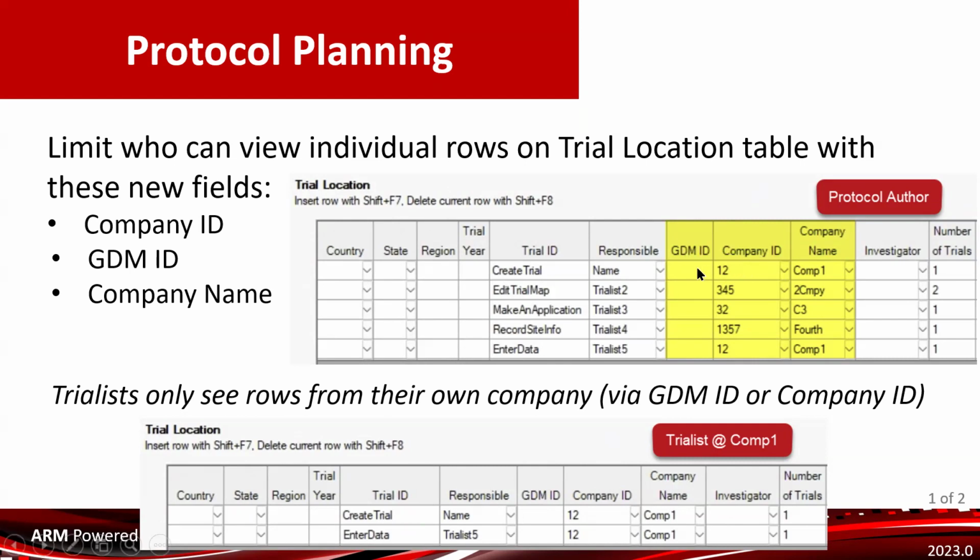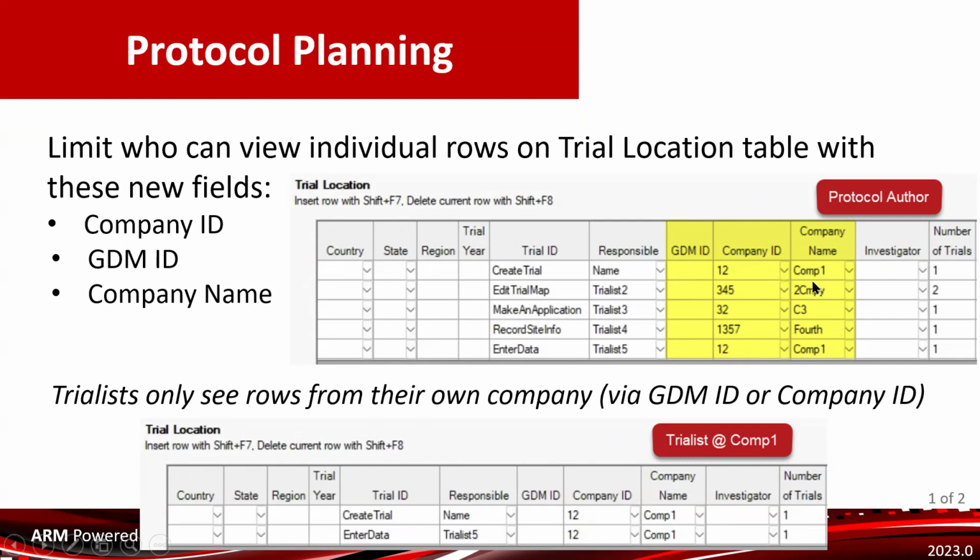So by filling in either a license GDM ID or the company ID for a group, and that's all information related to an ARM license, if you fill in either one of those columns, then ARM can filter that table when a trialist opens up the protocol.